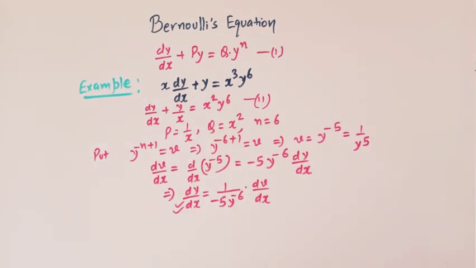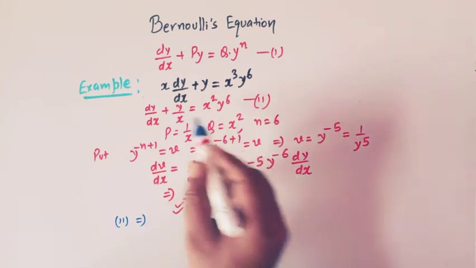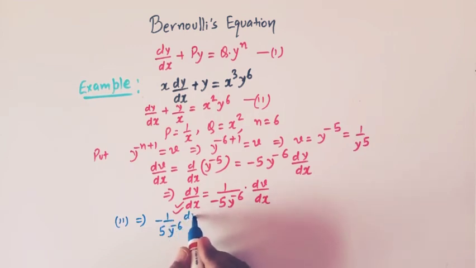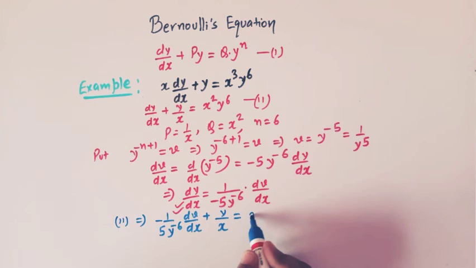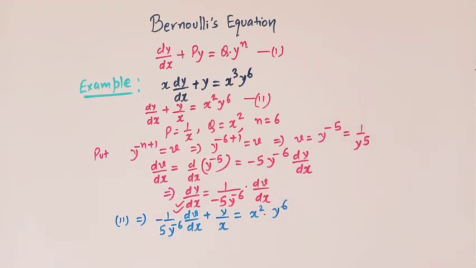So we get equation 2. Now it can be written as minus 1 over 5 y raised to minus 6 dv over dx plus y over x, and here we have x square times y raised to 6. Clear?